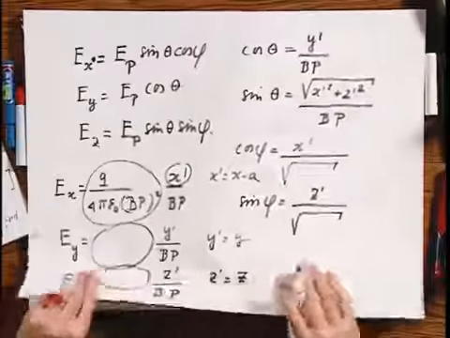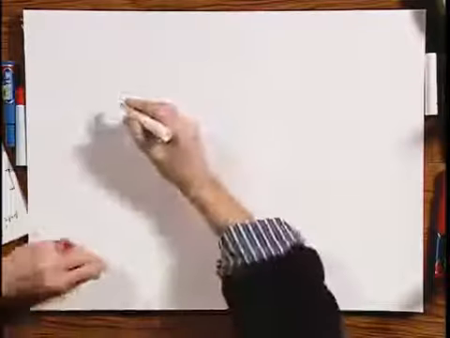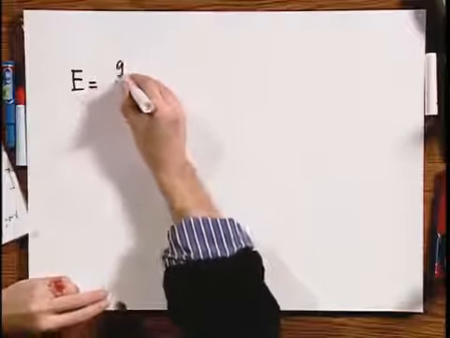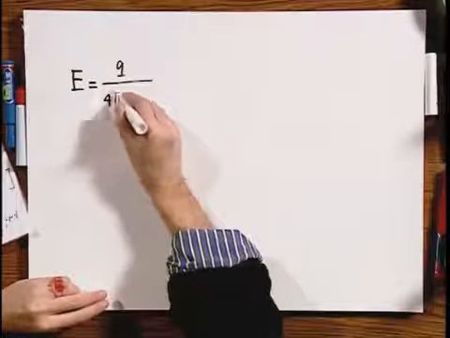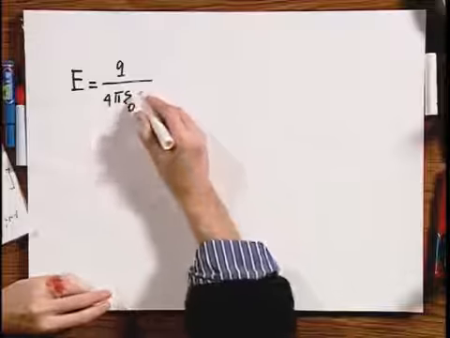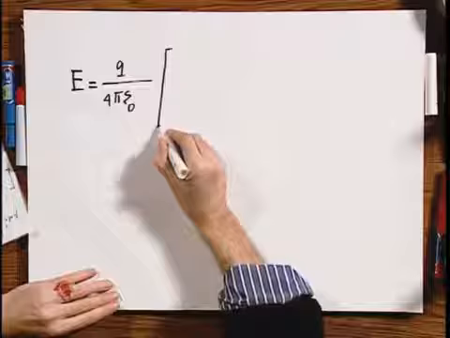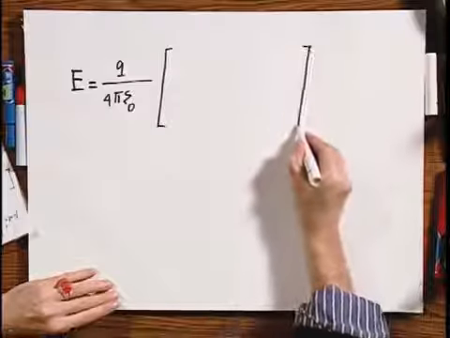And so, for this one charge at location B, for that one alone, I find Q divided by 4 pi epsilon 0, and now I'm going to get here all the rest.